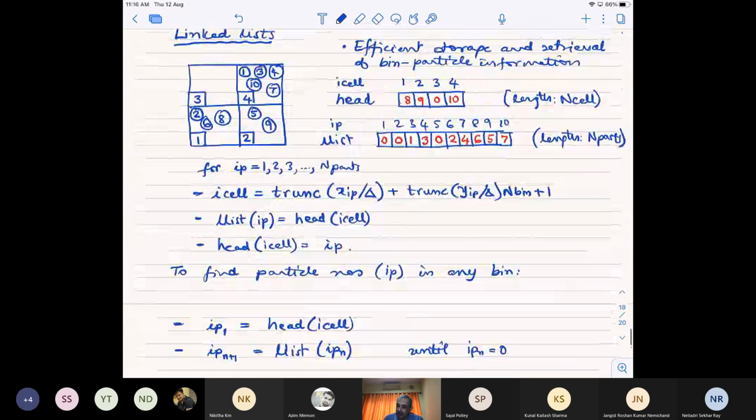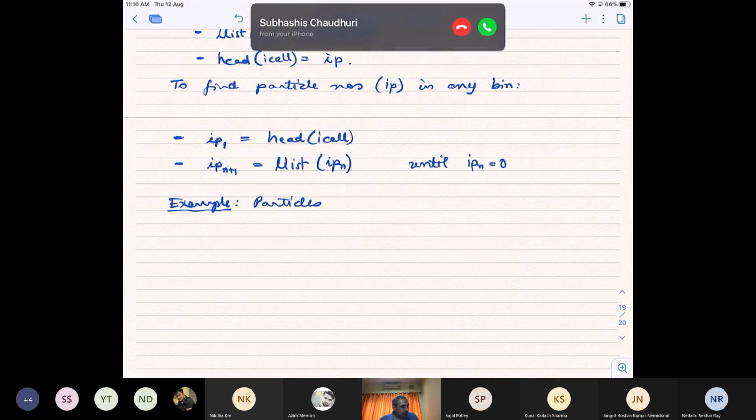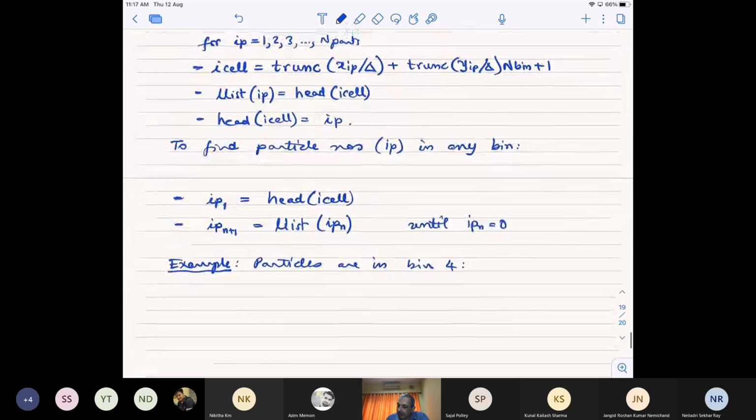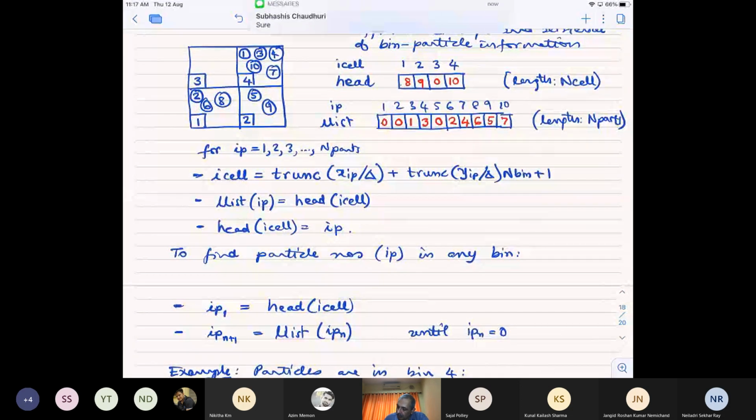Okay, so now supposing I want to find out which particles are in bin 4. How would you do it? Well, I cell is 4. So first you go to head of 4.